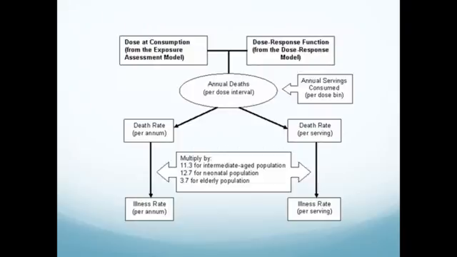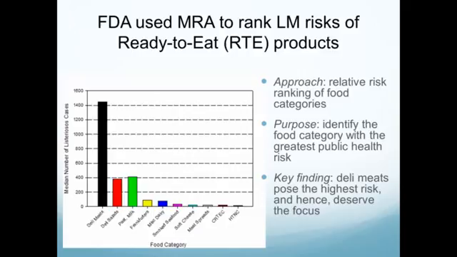Per serving is individual units which are consumed. Per annum is more to do with the frequency with which they're consumed. And as I said, you have to consider everything. So this is where we input correction factors for those that are susceptible. So you get elderly populations, neonatal populations, and populations of intermediate age, which are a bit more robust. And so you can use these to calculate the risk per serving or illnesses per annum.